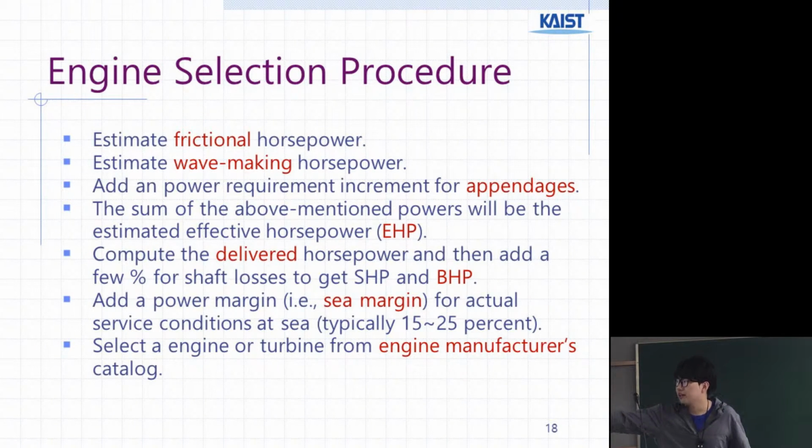Then add a power margin, a sea margin for actual service conditions at sea, typically 15 to 25%. If we follow this procedure, finally we select the engine or turbine we want from the engine manufacturer's catalog.